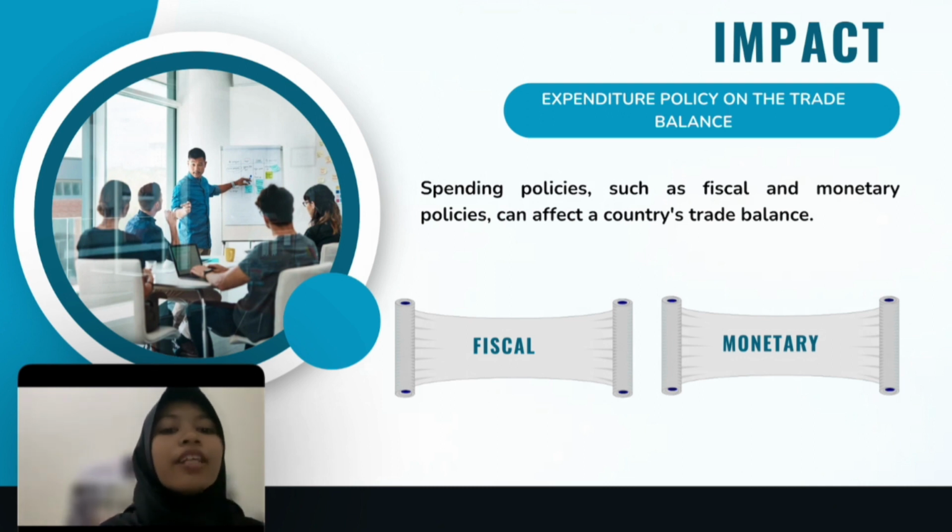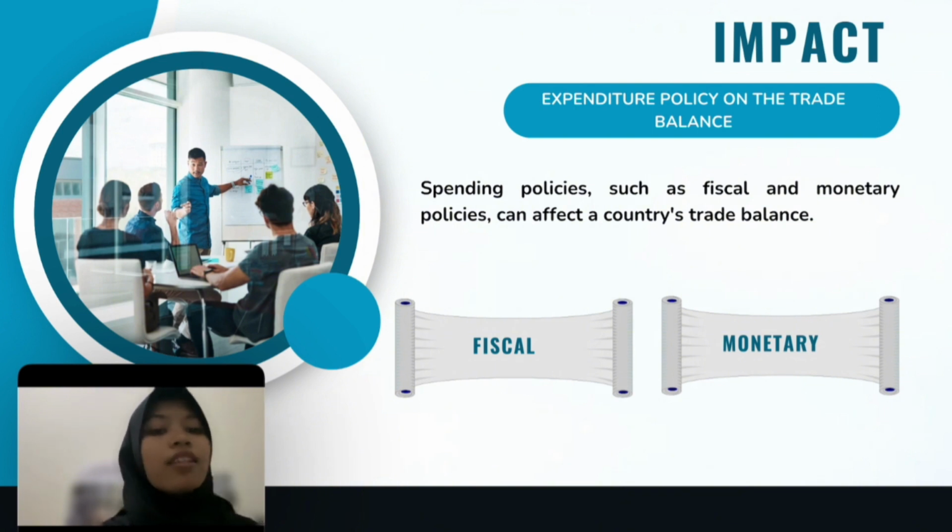Expansionary fiscal policy, involving increased government spending or reduced taxes, can lead to higher national income and consumption. This in turn can cause increased import, ultimately contributing to a trade deficit.